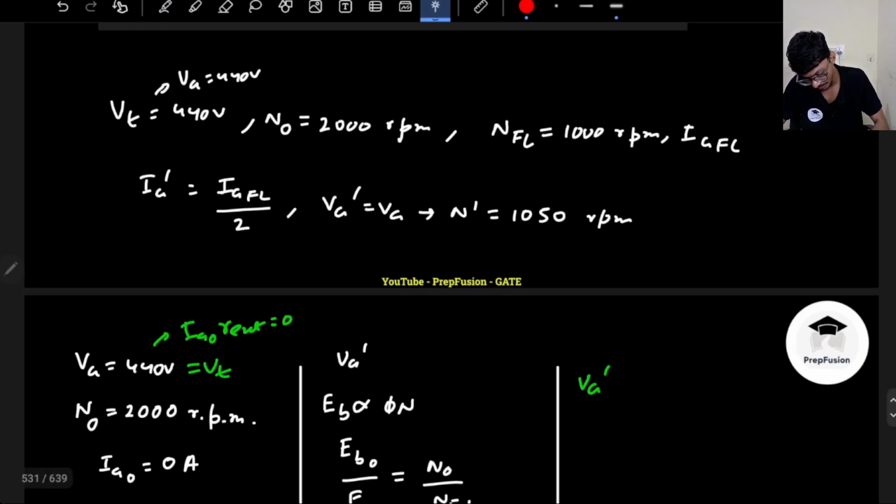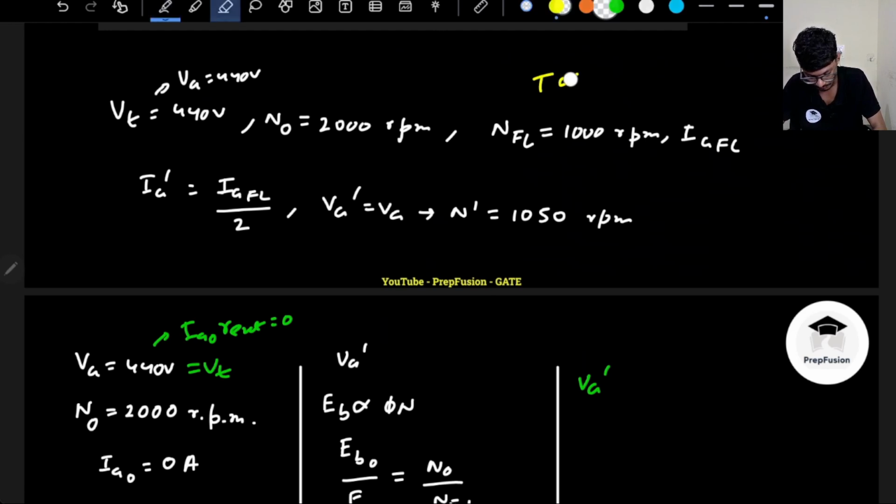So you might have a question, sir, why is the current halved? Because in case of a shunt machine, we have discussed this multiple times, that torque is proportional to flux into IA.